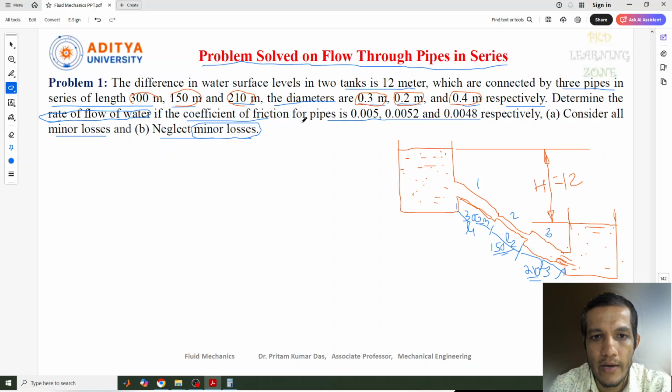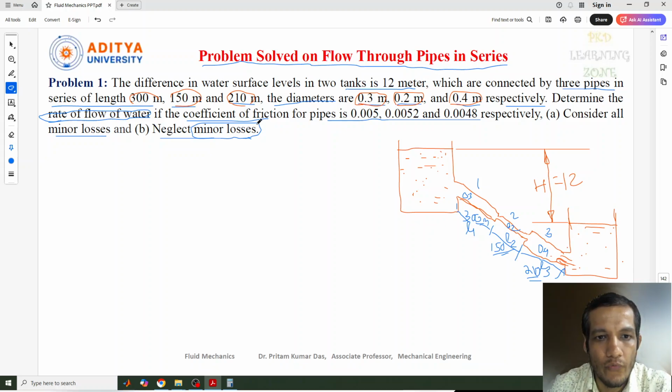Similarly, we have three different diameters also. This diameter is 0.3 meter, the next pipe diameter is 0.2 meter, and the next pipe is 0.4 meter diameter.